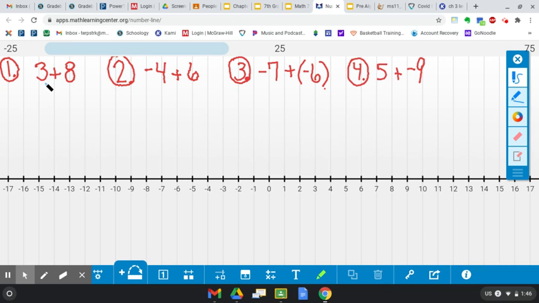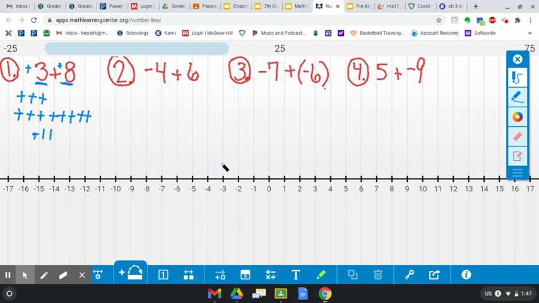All right, starting here with number 1, we have a positive 3. They don't write it, but it's understood to be a positive, and a positive 8, plus, and really that's a positive 8. So we said we could say there's 3 plus an 8, which would give us positive 11.